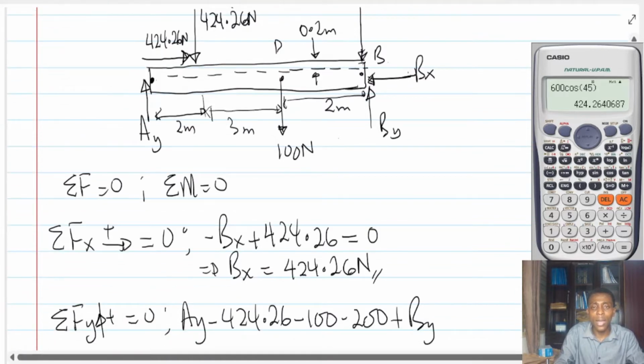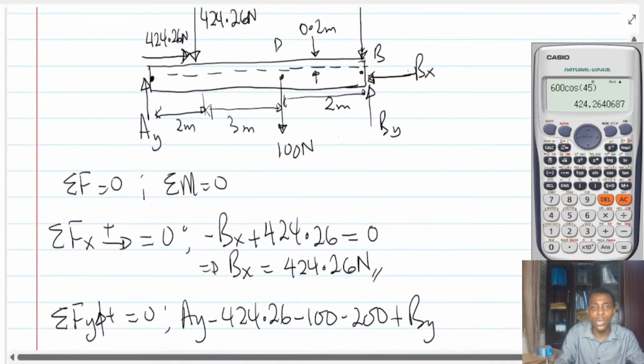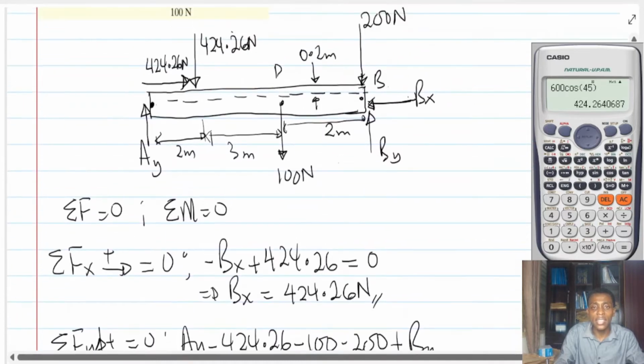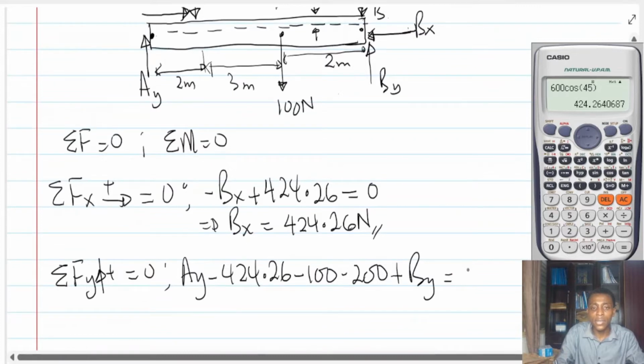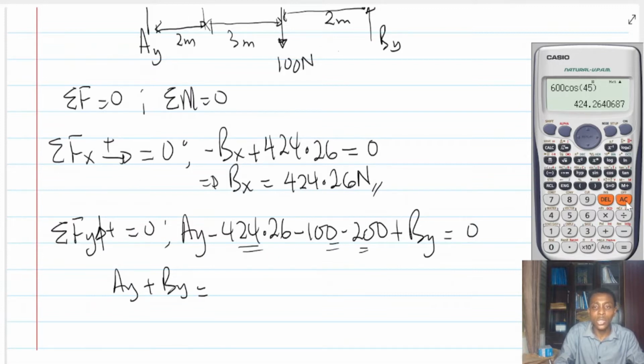So how am I going to do this? It's going to be pretty much simple. We've got to add Ay plus By, and then we are going to add all of this. So minus 424.26 minus 100 minus 200. What do I get?